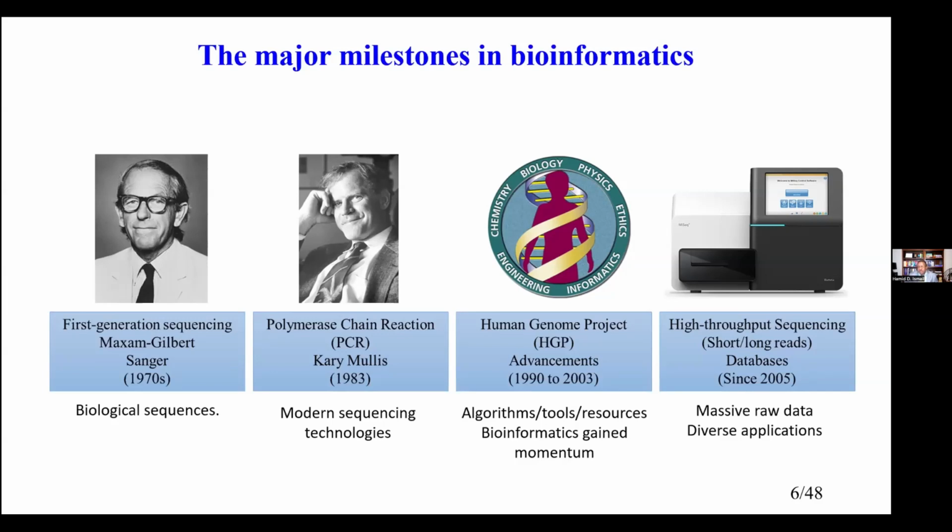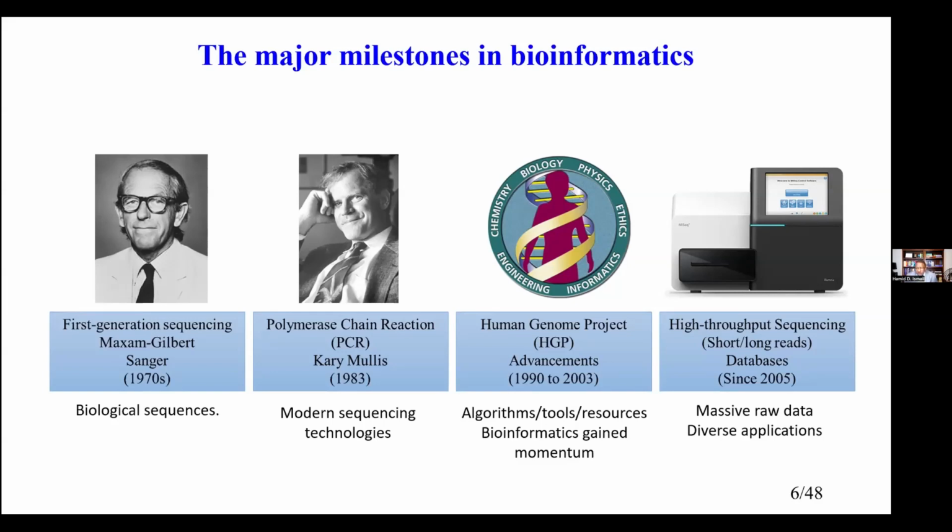The development of bioinformatics in fact contributed to the Human Genome Project, because they were trying to understand the human genome. And after that, many technologies were discovered, especially next generation sequencing technology like Illumina and other brands as well.